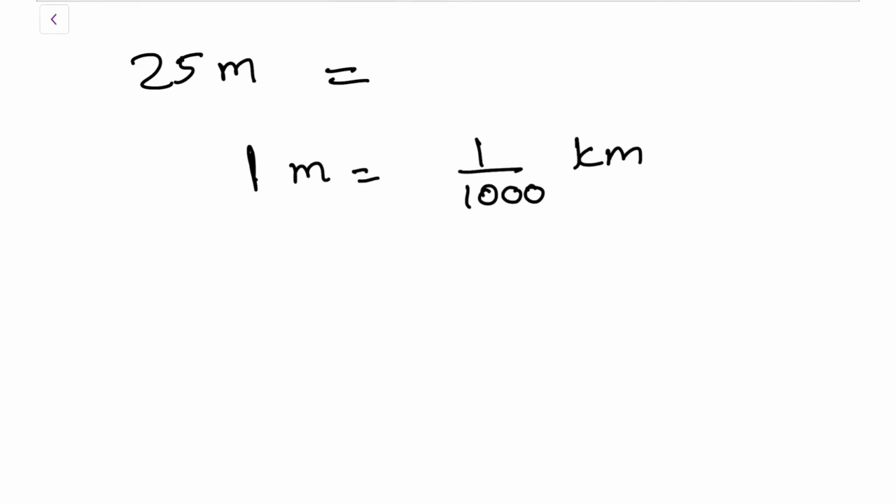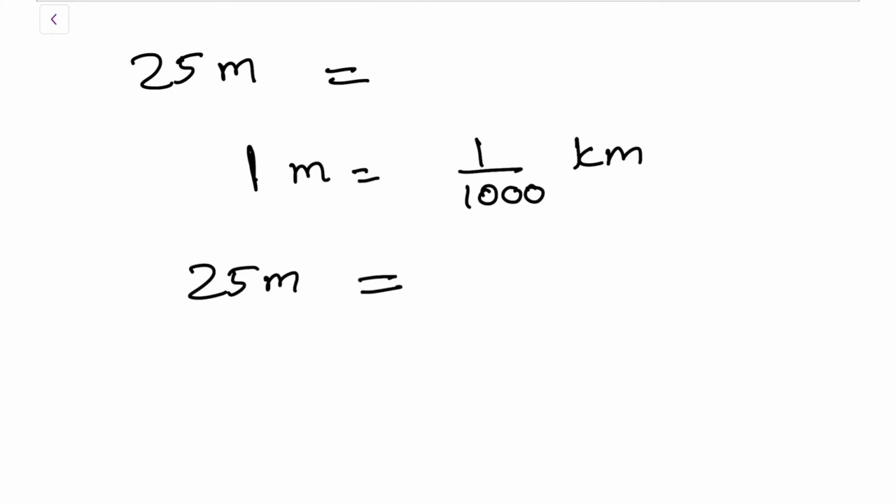25 meters. How do we do this? It's pretty simple. So we know that 1 meter is 1 by 1000 kilometer. That's right. So 25 meter, if you have to write it as its decimal form, what do we write?